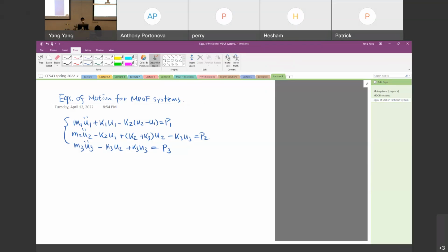So far so good? Any questions regarding the new format here? We break the appearances and combine the factors for U1, U2, U3.